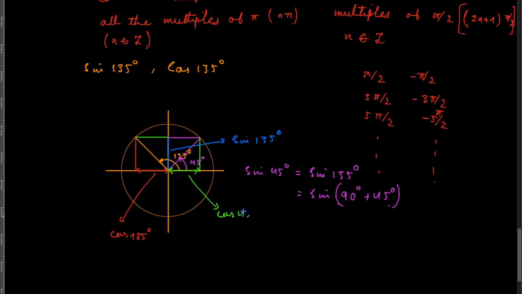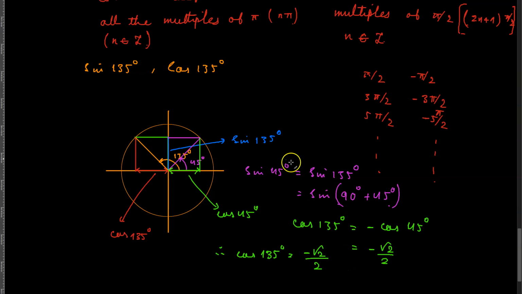Now if the cos of 45 degrees is square root of 2 by 2, that means that the cos of 135 degrees is negative square root of 2 by 2.